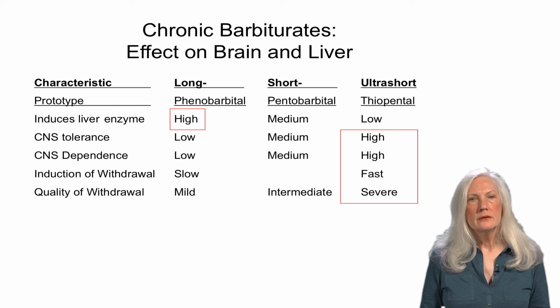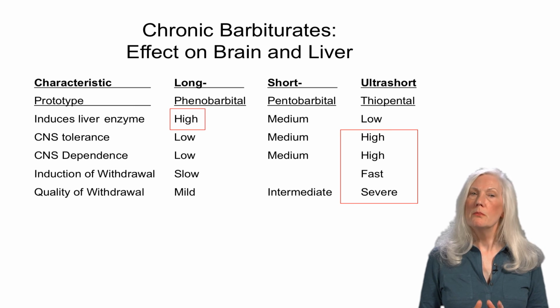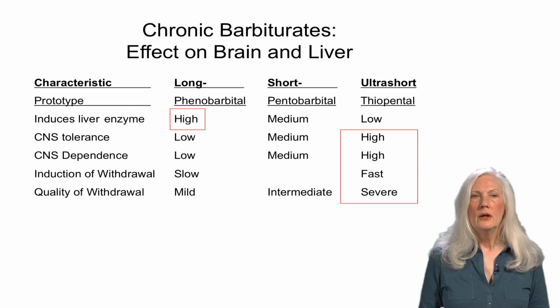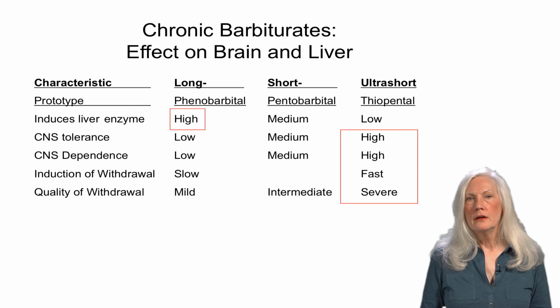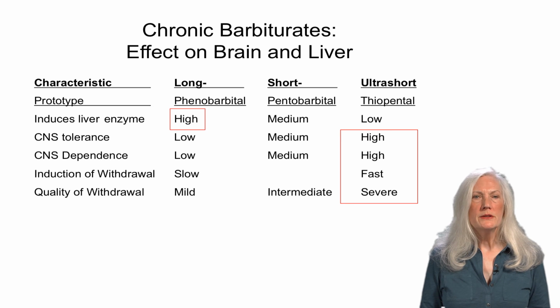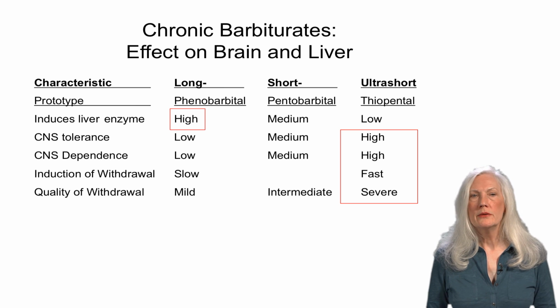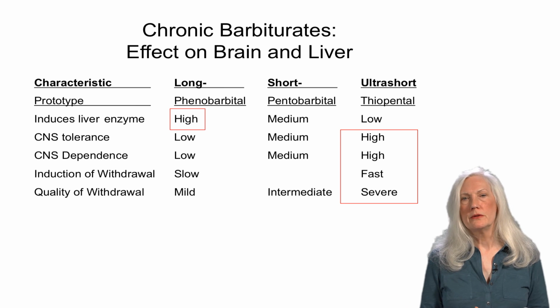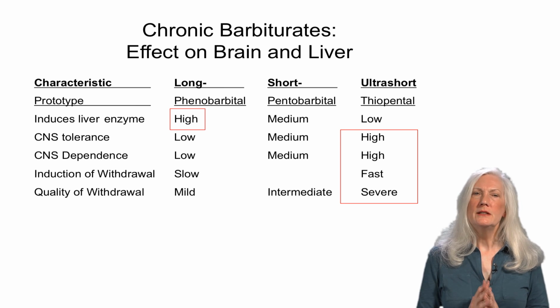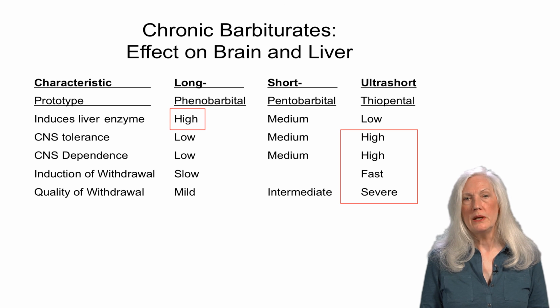As a result of that, ultra-short-acting drugs also induce the most intense withdrawal, with the fastest onset of withdrawal symptoms. This corresponds to the abuse potential of these drugs. Ultra-short-acting compounds are the most widely abused of the barbiturates, causing an intense drug-seeking behavior in people.